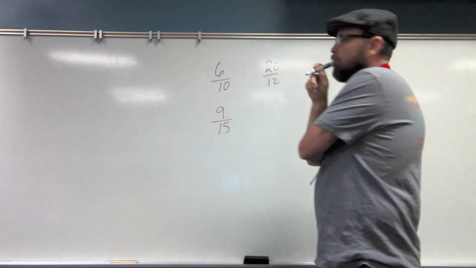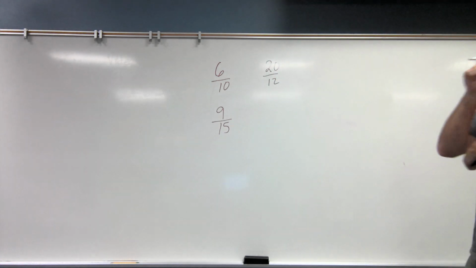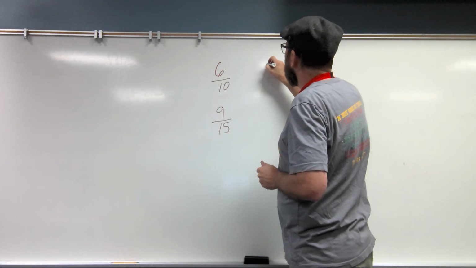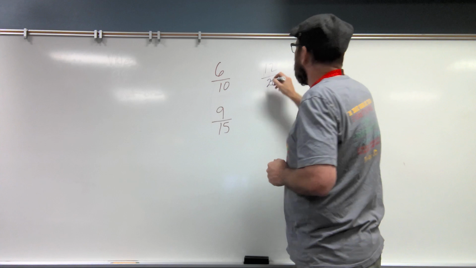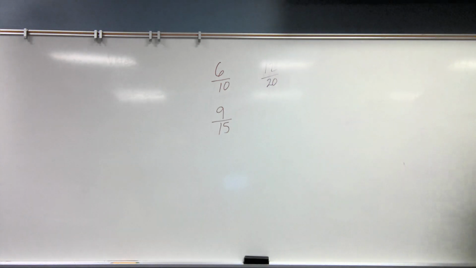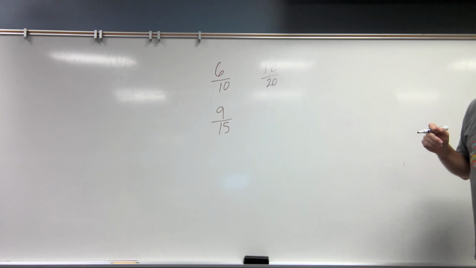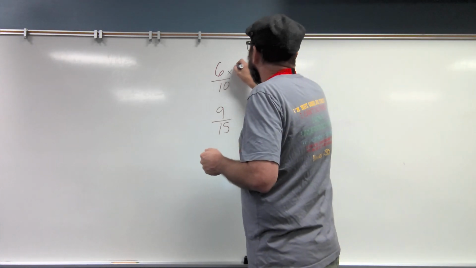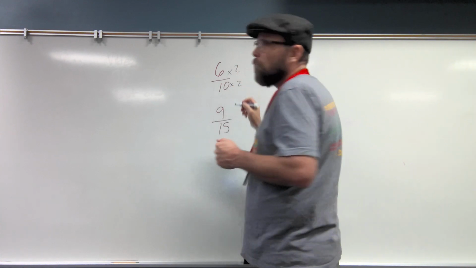So I just doubled the 6 and the 10. Oh, so the first one you say is the top. So 12/20. Yeah. So you doubled it. How do you double something? I mostly do 6 times 2. Times 2, good. When you double something, you're multiplying by 2.